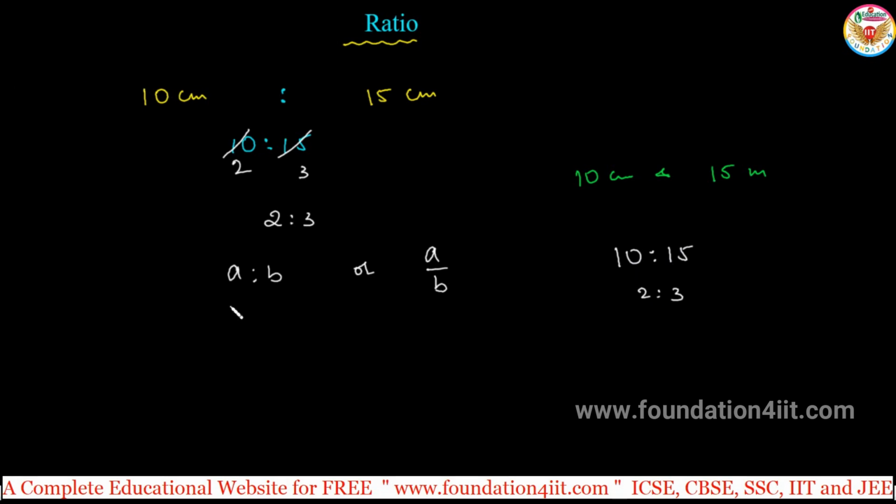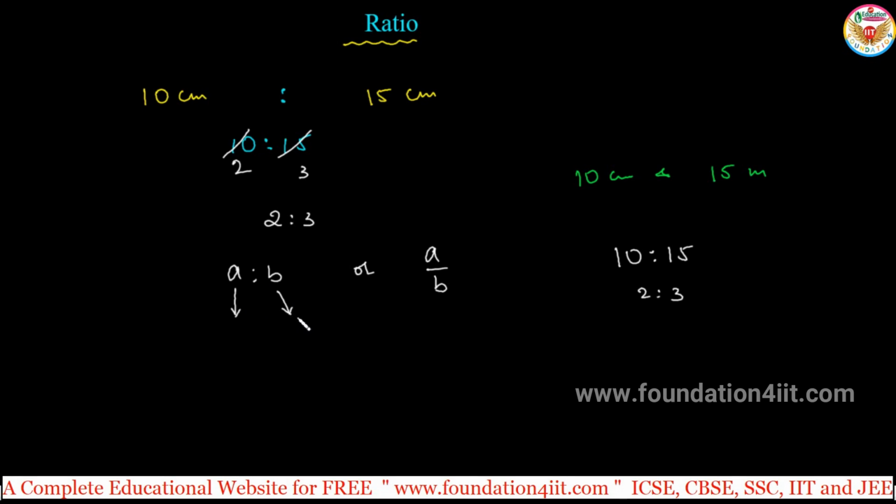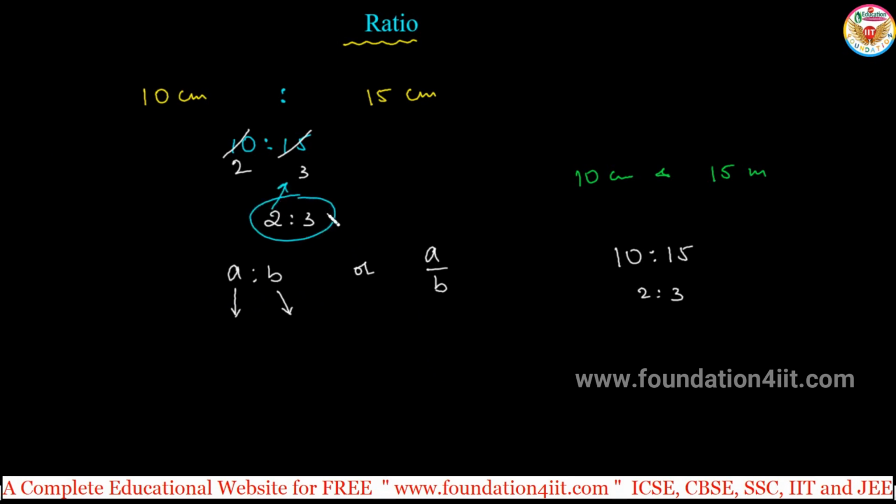And here are two words: first term or first quantity, and second quantity. Here the first quantity is the antecedent and the second quantity is called the consequent. Antecedent and consequent, A and B, A is to B. So in this 2 is to 3, 2 is the antecedent and 3 is the consequent.